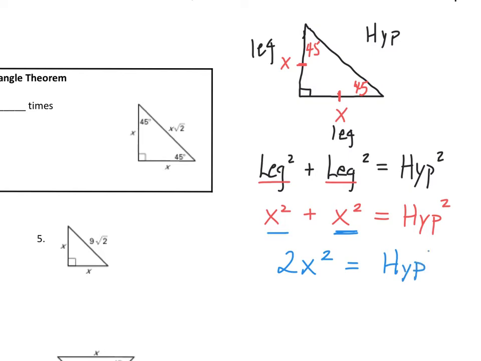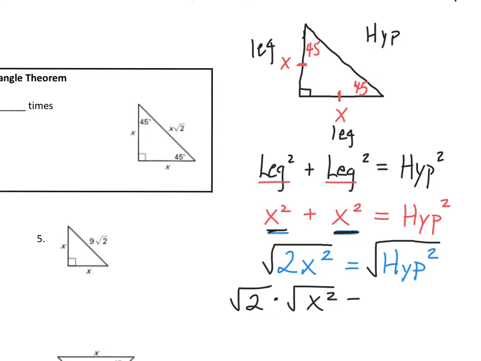Now, the question is, what is the hypotenuse? Since I combined these two terms, I can take the square root on both sides. What's going to happen when I take the square root of 2x squared? I'm going to end up with square root of 2 times square root of x squared equals the hypotenuse.